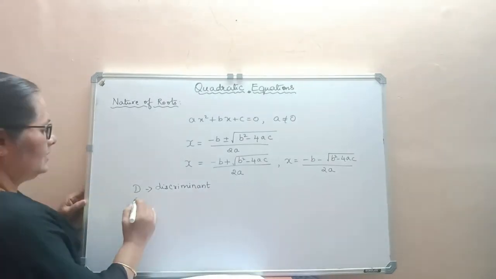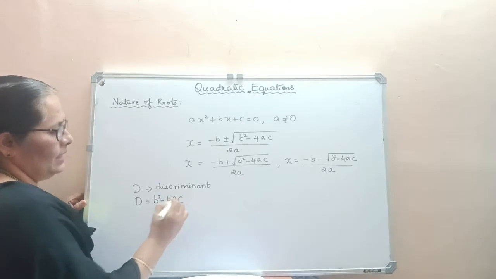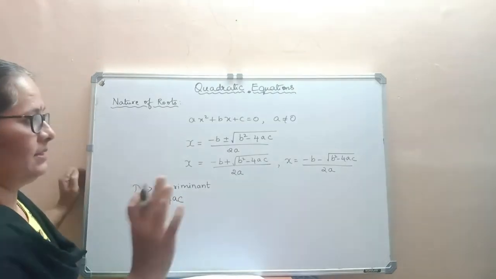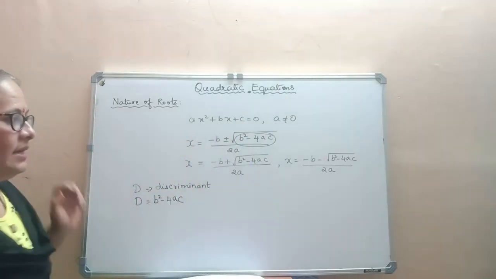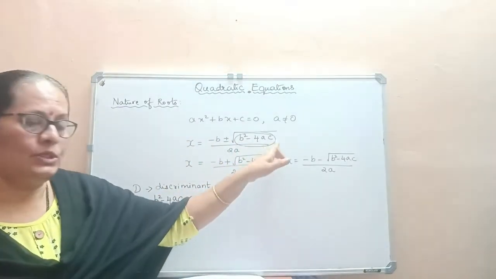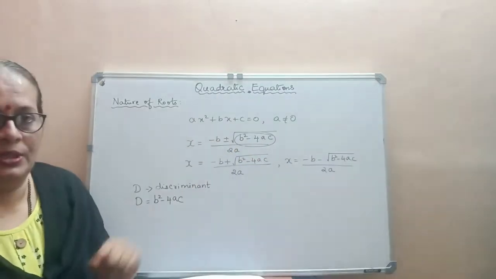That is, discriminant is b square minus 4ac. So any root of this equation depends on the discriminant, that is b square minus 4ac. It is a relation between the coefficients.